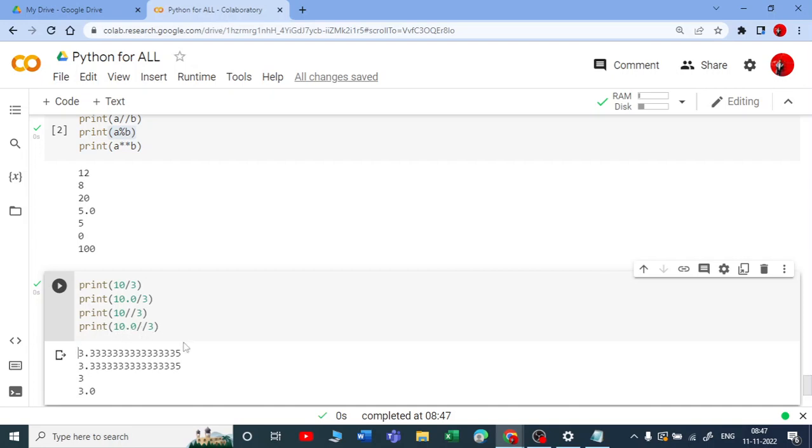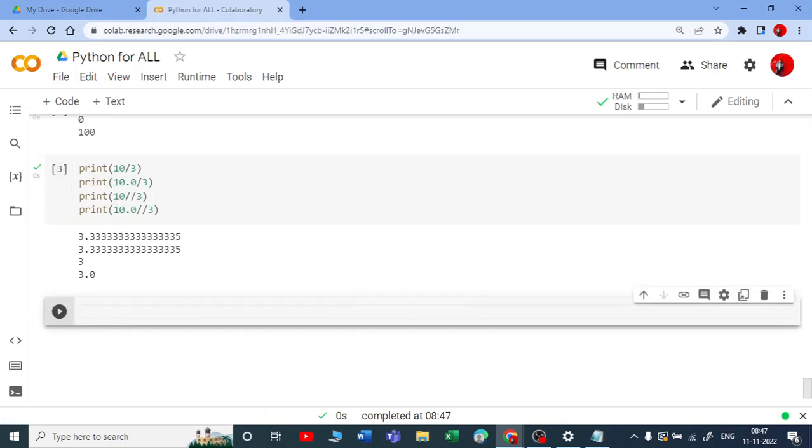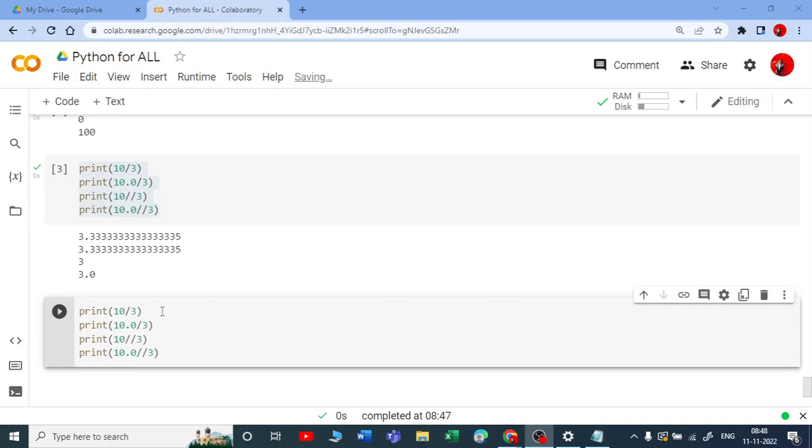Yes. Beautiful. So do you need more examples on this, or is this clear? Let us take one more example. I'll say 20 divided by 2, 20.5 divided by 2, 10 divided by 2.